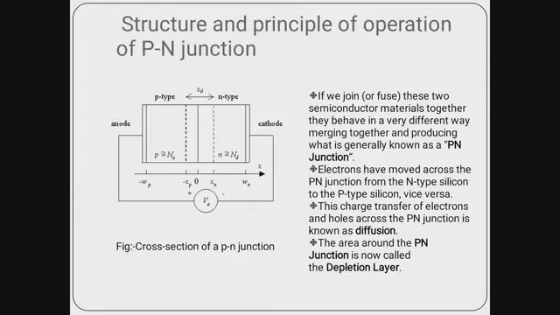Xn is nothing but the barrier width across the n-type bead, and Xp denotes the barrier width across the p-type bead.